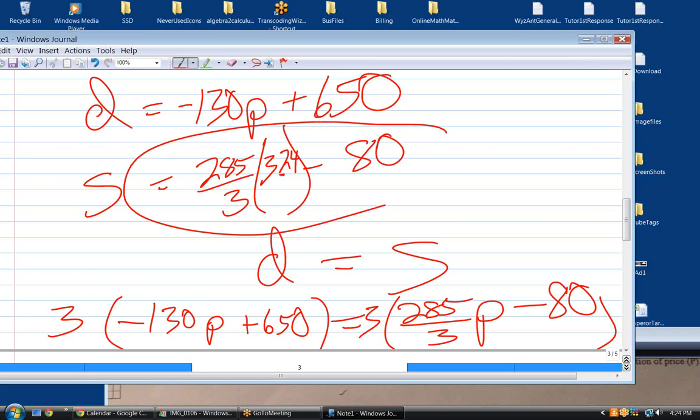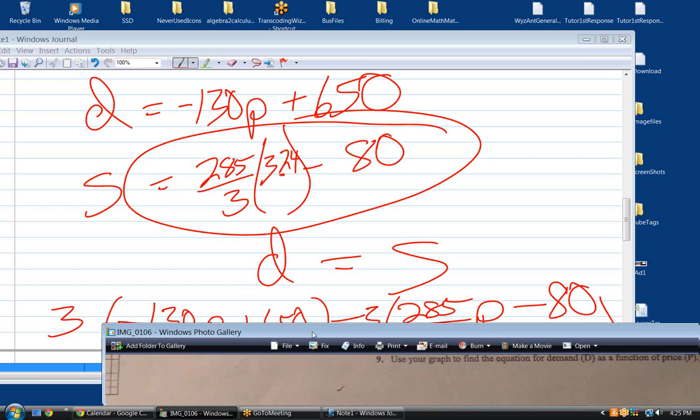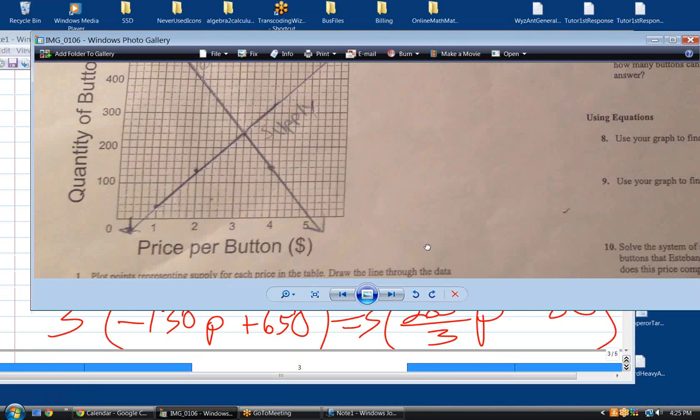And then multiply that out, and whatever you get should be quite close to the Y measurement of 240.